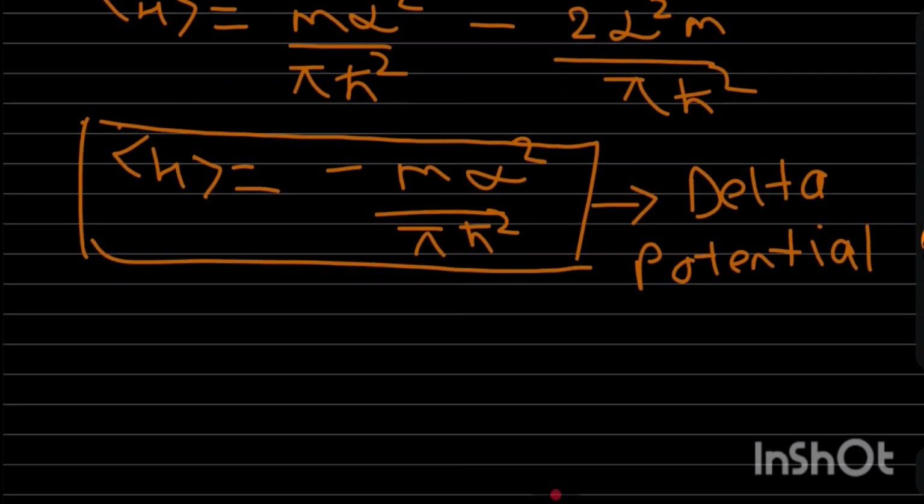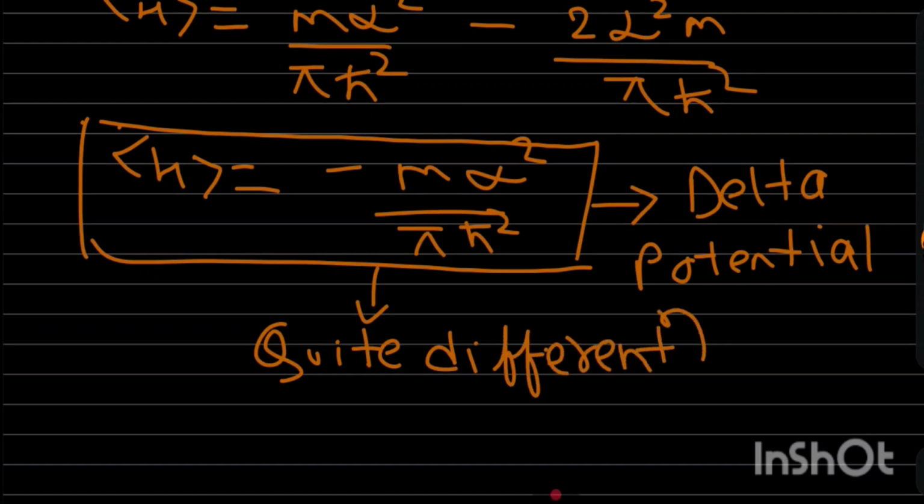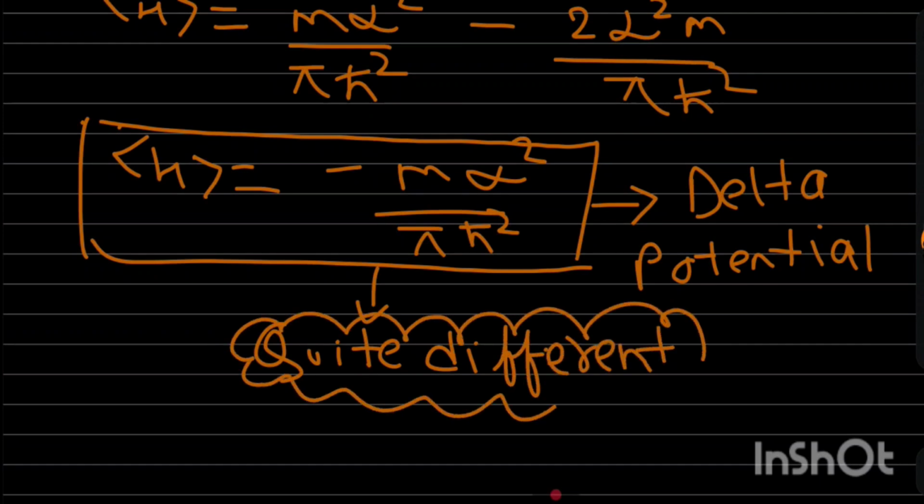So this expression is quite different. As I said in my first video, this is different because this is just an approximation, not the exact value. It does some approximations.